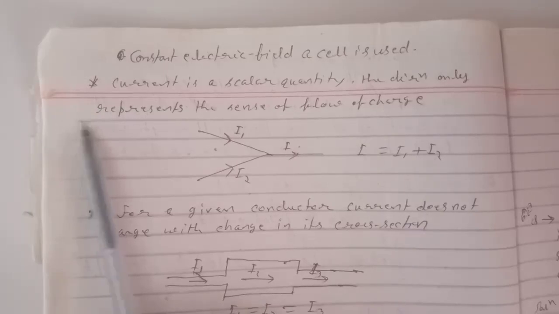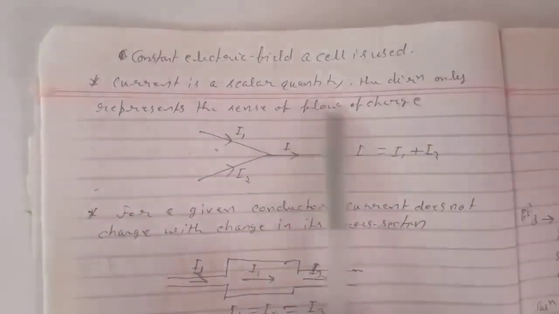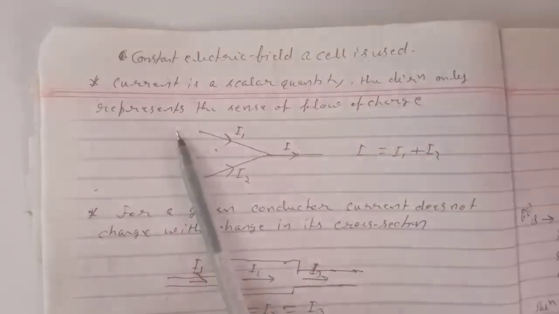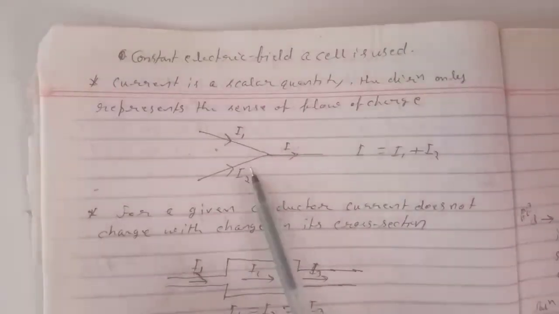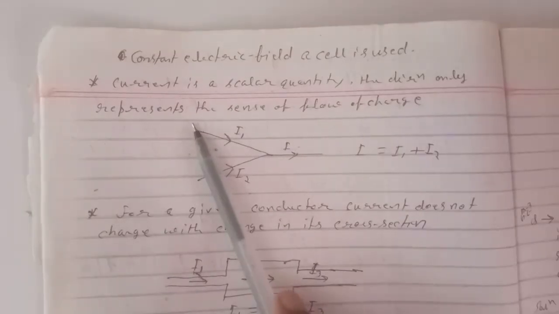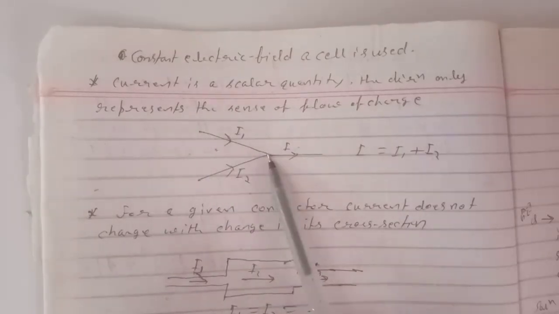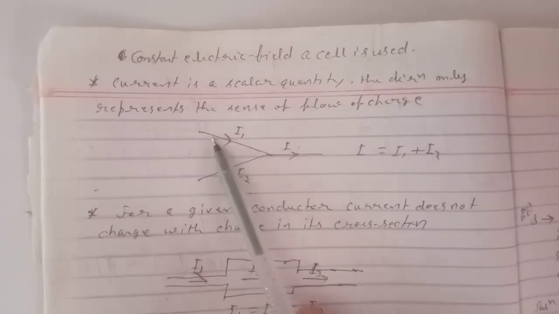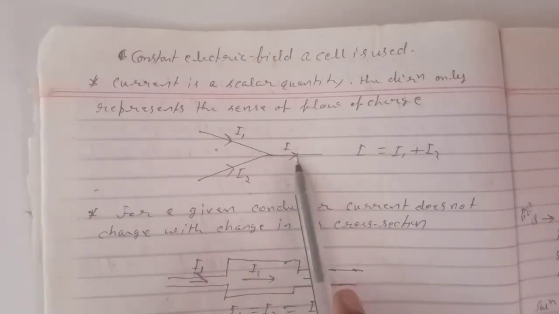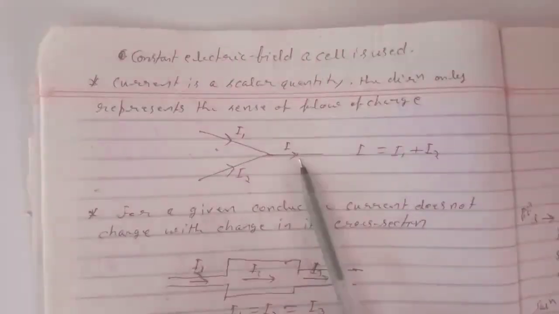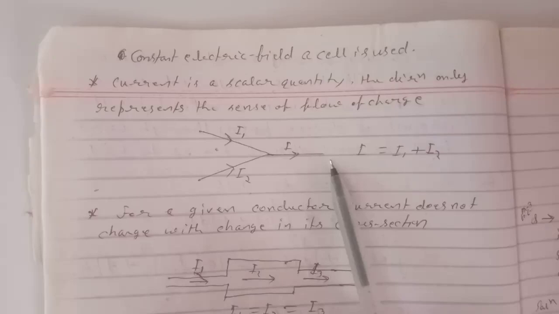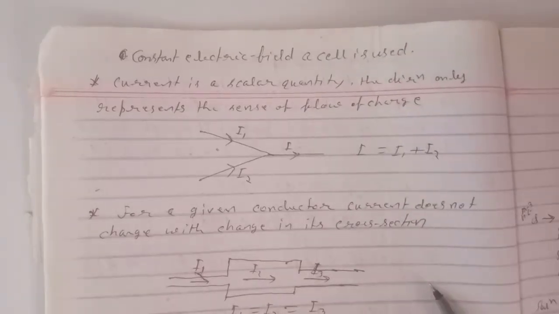Now some important points regarding current. Current is a scalar quantity. The direction only represents the sense of flow of charge. So if we consider two conductors adjoined with a third conductor, with I1 current flowing in the first conductor and I2 current flowing in the second, then in the third conductor the current I will be equal to I1 plus I2, because it is a scalar quantity, so we get the net current by adding up only.